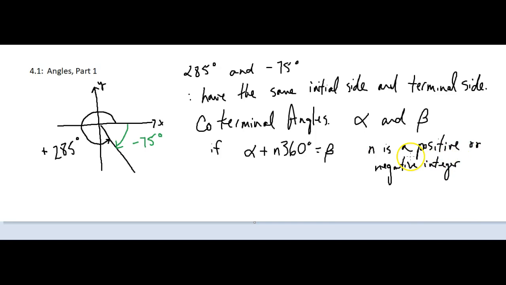So for this n, we must be doing full rotations of 360, not any partial rotation. n has to be an integer: 1, 2, 3, minus 1, minus 2, minus 3, and so on. Any integer multiple of 360 added to alpha will get us a coterminal angle. We're going to see later on there are some interesting things about coterminal angles. For instance, when it comes to their trigonometric functions, they have the same values.